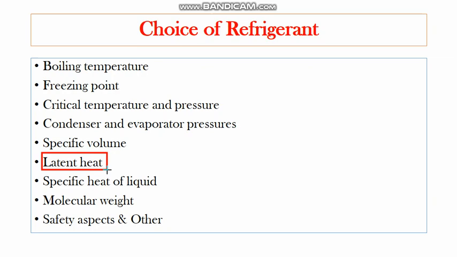The next one is latent heat. It should be very high for a good refrigerant. Next is the specific heat of the liquid. It should be low. Latent heat and specific heat are inversely proportional to each other. And the next one is molecular weight, which is directly proportional to specific volume.